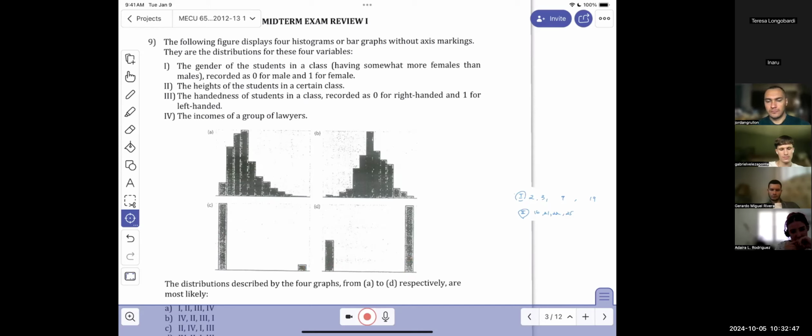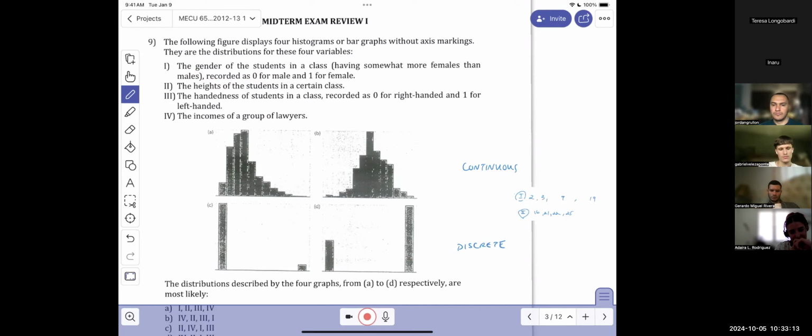So let's see. Let's write it down. So these are both continuous up here. And these are discrete. So they're quantitative, discrete, or also this can also be considered nominal data.